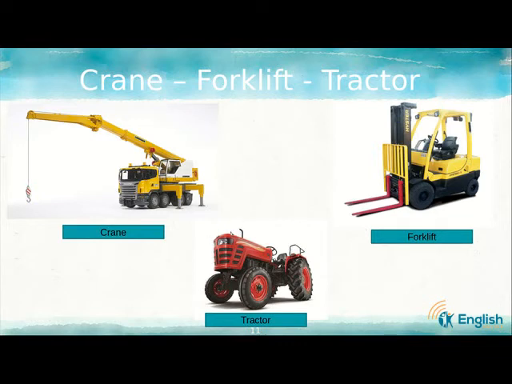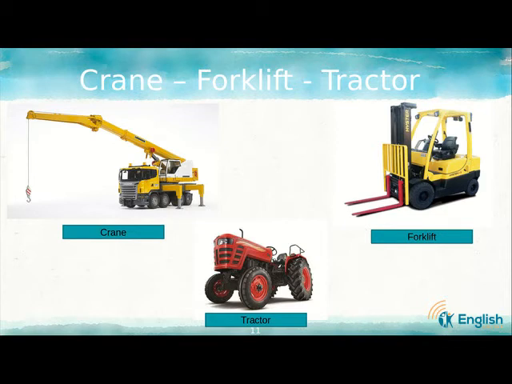A crane is a type of machine generally equipped with a hoist rope, as you can see here, or wire ropes or chains in order to move objects horizontally or lift and lower objects.